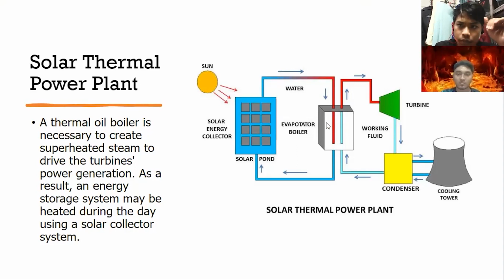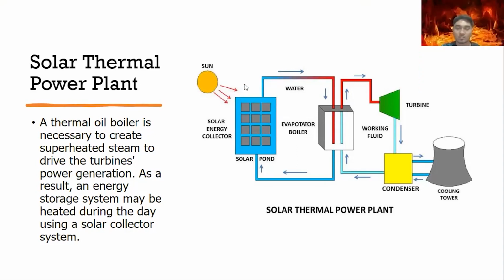Therefore, the steam will go to the turbine, and the water at a hot temperature changes to kinetic energy, and then the working fluid will go through the condenser and cooling tower.